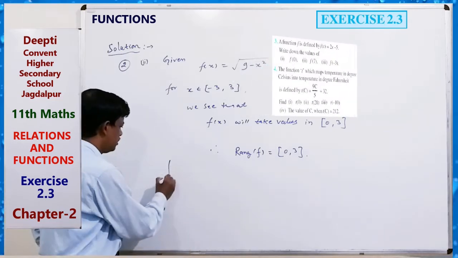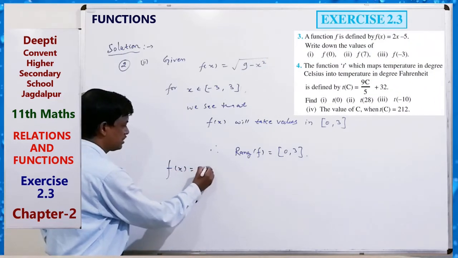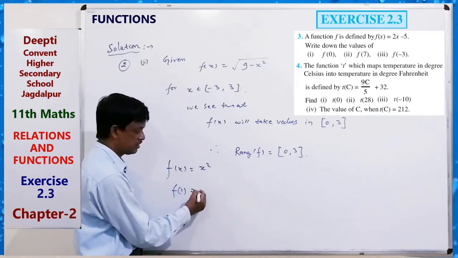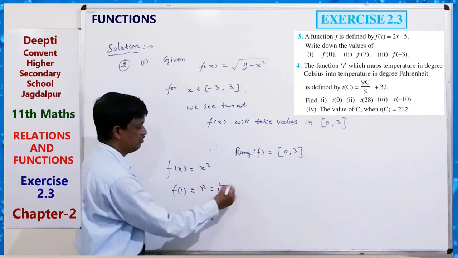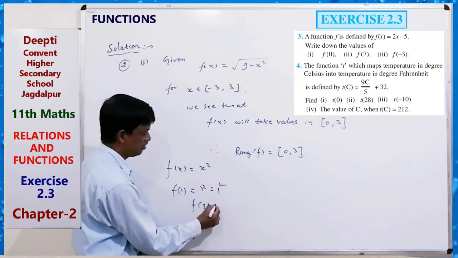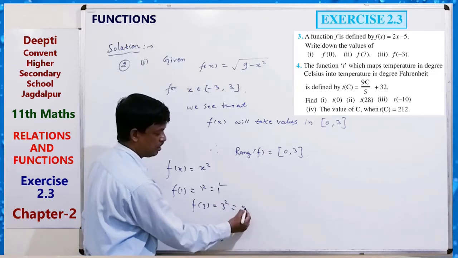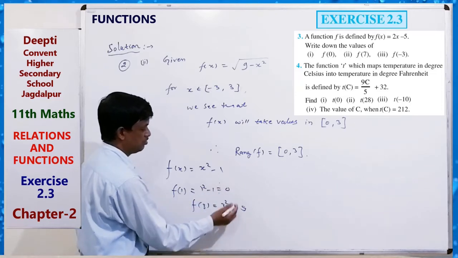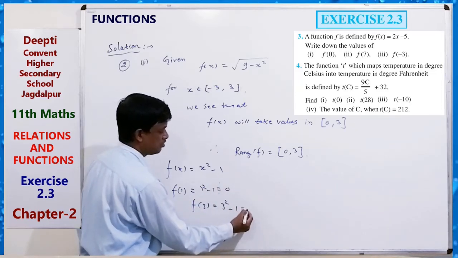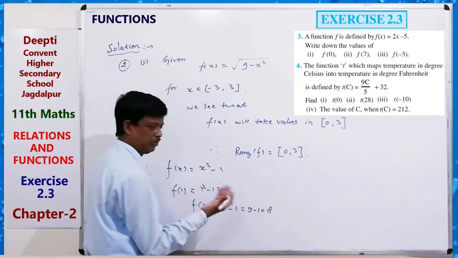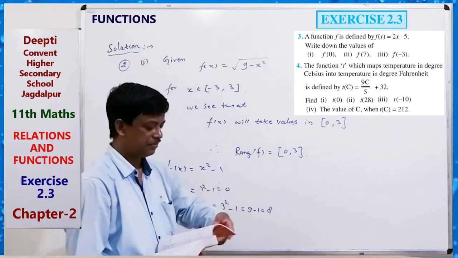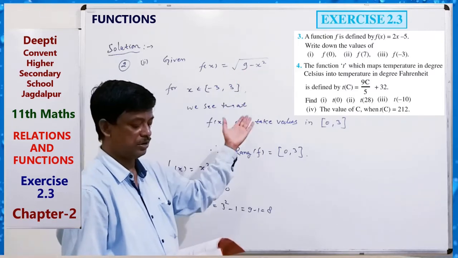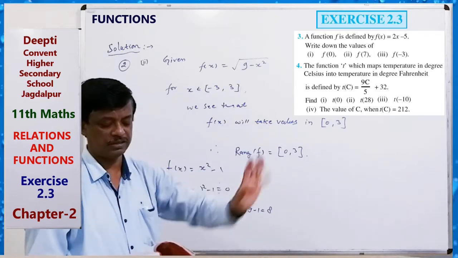We know if f(x) equals, suppose, x square, then f(1) equals 1 square, equals 1. f(3) is 3 square, 9. If x square minus 1, then 1 square minus 1 equals 0, and 3 square minus 1 equals 9 minus 1 equals 8. You can get the value. Same question here: function f is defined by f(x) equals 2x minus 5, and write down the values f(0), f(7), f(minus 3). Just put the value and you can get the result.